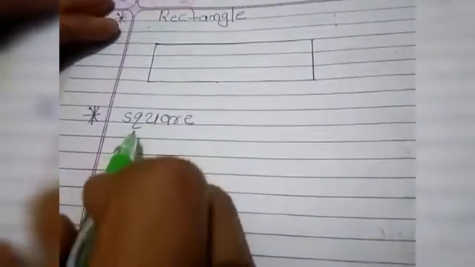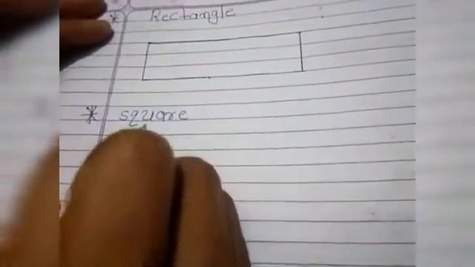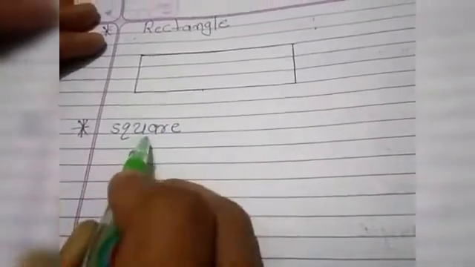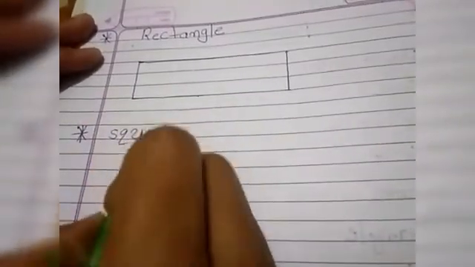Next, now I will draw square. What is the spelling of square? S-Q-U-A-R-E, square. Now I will draw here one square. See, which shape is this? Square. S-Q-U-A-R-E, square.